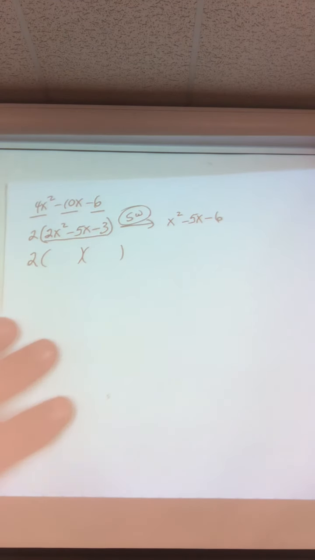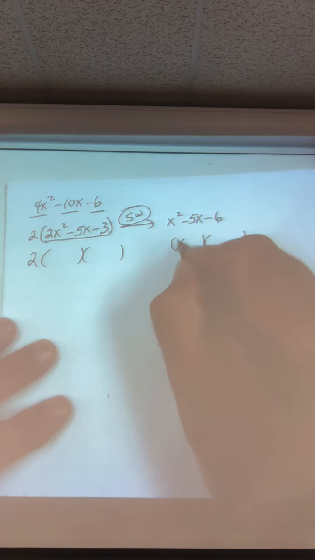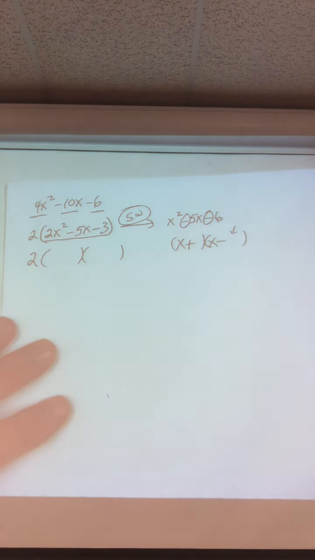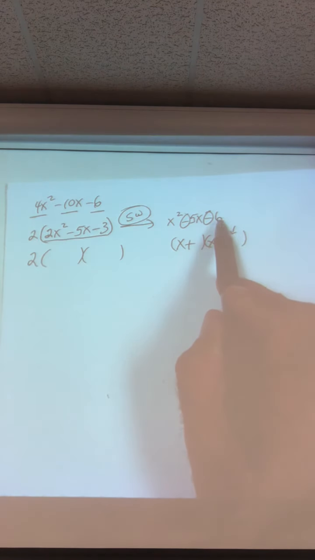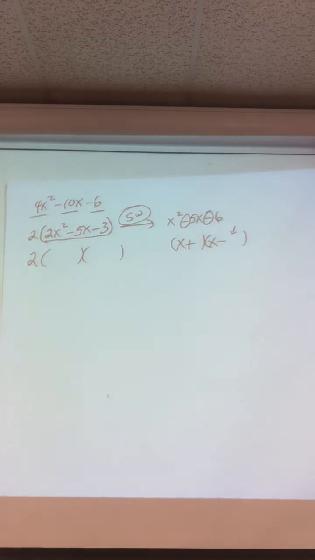All right, so let's factor it. x squared, x and x, signs are different. Largest is negative. Biggest number is going to go there. Now the 2 questions: two numbers that multiply to 6, subtract to 5. 6 and 1.